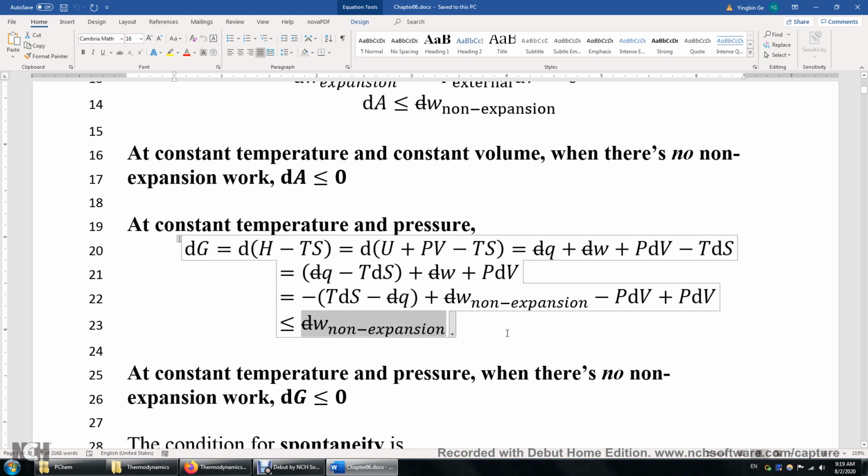Therefore, if we integrate both sides, the change of G is smaller than or equal to the non-expansion work. Again, one example of non-expansion work is electricity. So if we are looking at a chemical reaction, the change of the Gibbs energy of this reaction is always smaller than or equal to the input of electricity.